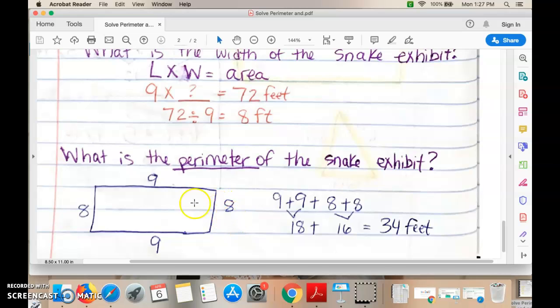My width is 8, so both sides have to be 8. So I can take 9 plus 9 plus 8 plus 8, and when I put that together, I get 34 feet. So my perimeter would be 34 feet, where my area is 72 feet.